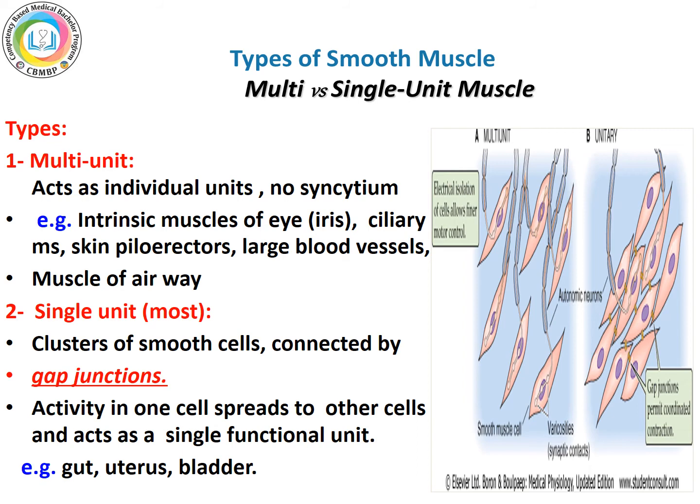It is also present, as multi-unit, in large blood vessels. Also present in the muscle of the airway, and this is important. Airway like trachea, bronchi, and bronchioles.